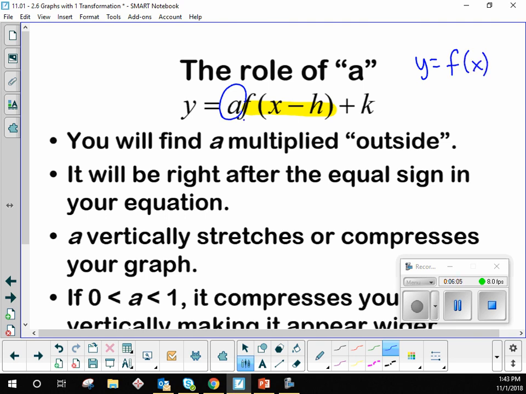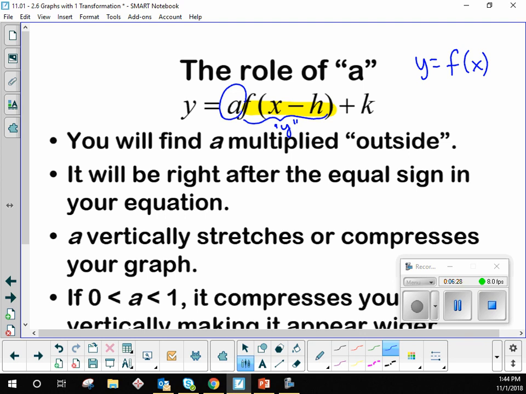So it's like this is kind of like your y, and you're multiplying your y values by whatever a is up here. Now, if a is less than 1, so let's say it's a half, you're taking all your y values and cutting them in half. Okay, so if this is your x-axis and you have a y value here for your parent function and you cut it in half, it goes down lower.